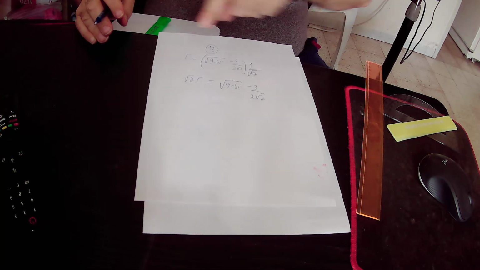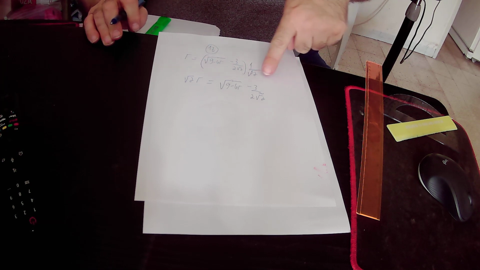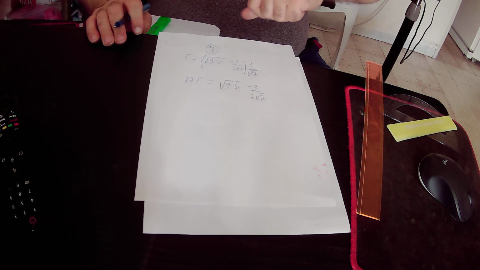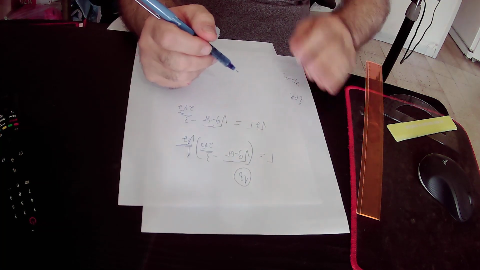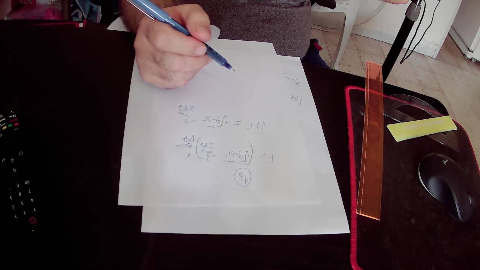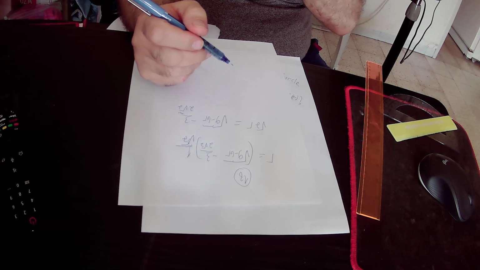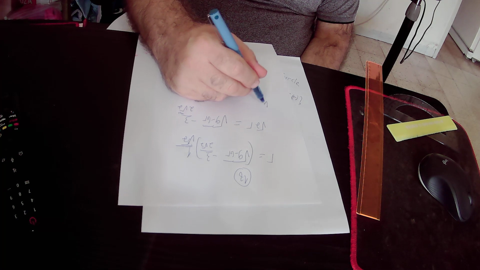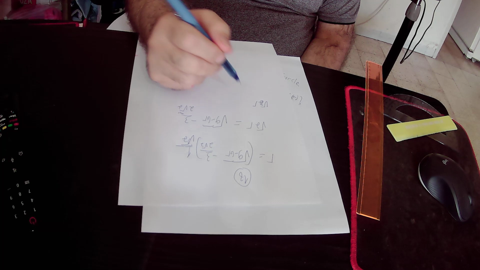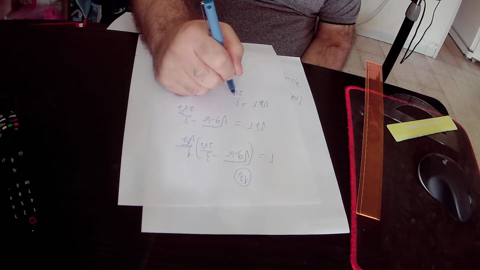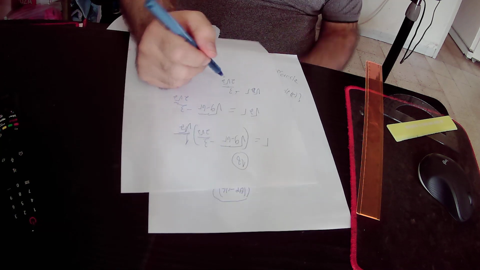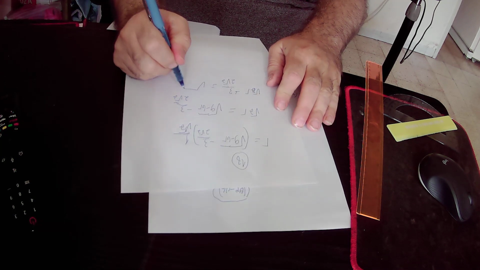So here in this equality we will add to this equality 3 over 2 times root 2, and we will get that root 2 times r plus 3 over 2 times root 2 equals the root of 9 minus 6r.